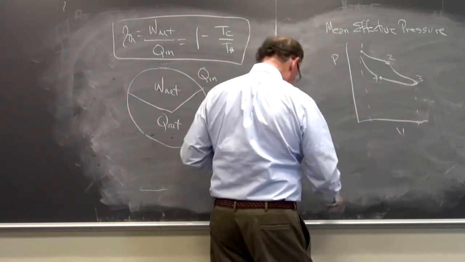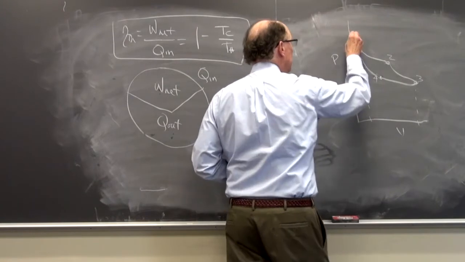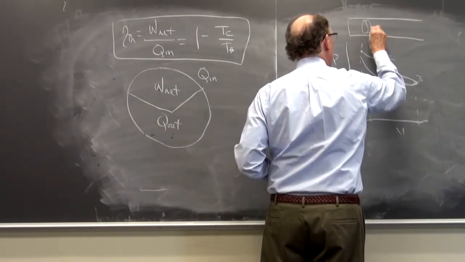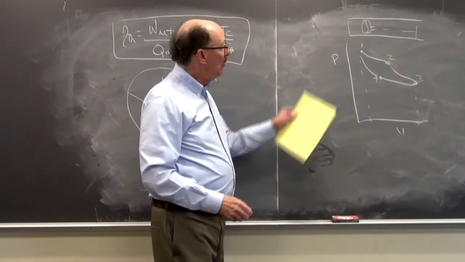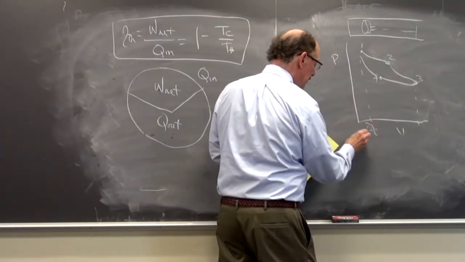And if you recall, this referred to a piston cylinder that went between down to here, and then went back and forth. This is called top dead center.